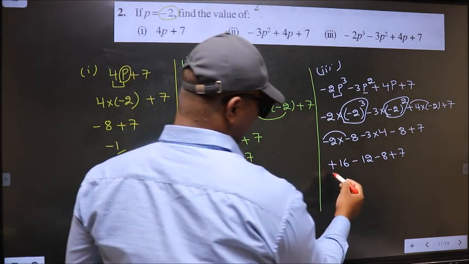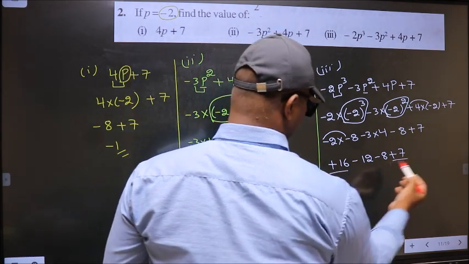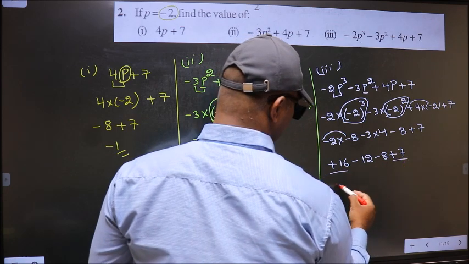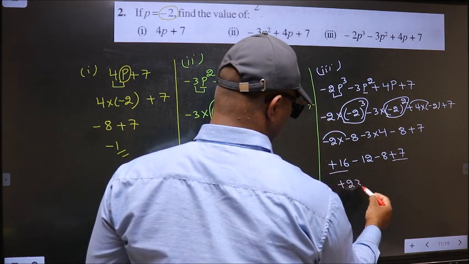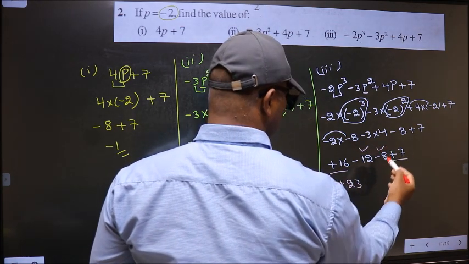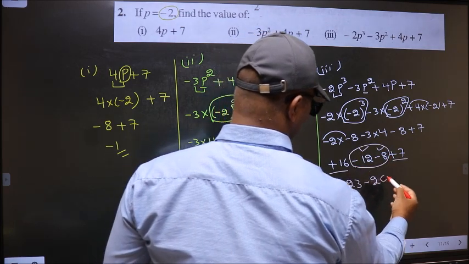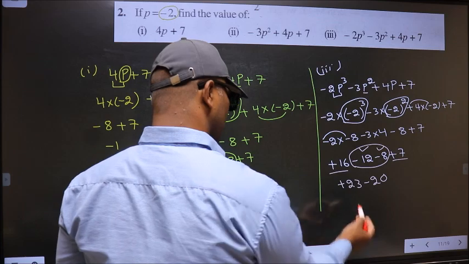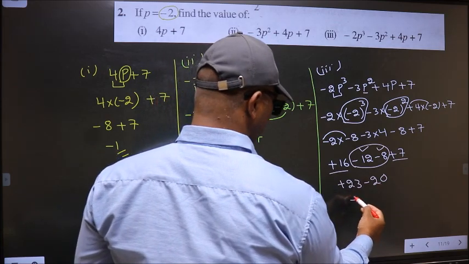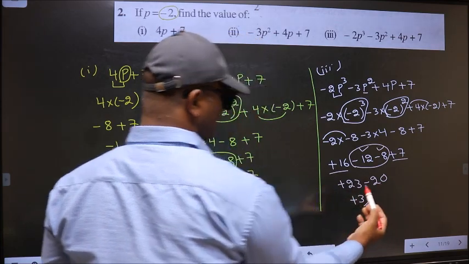Now let us add positive ones. Plus 16 plus 7 is plus 23. Minus 12 minus 8 will result in minus 20. So plus 23 minus 20 is plus 3, is our answer.